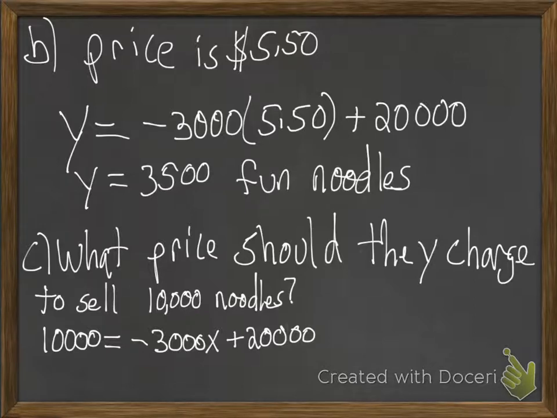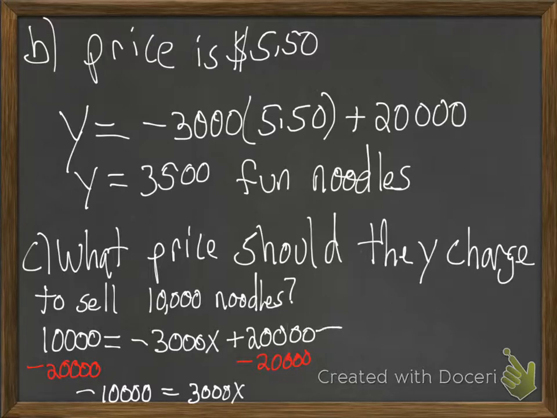So we subtract 20,000 from both sides. That would give us the equation negative 10,000 equals negative 3,000x.